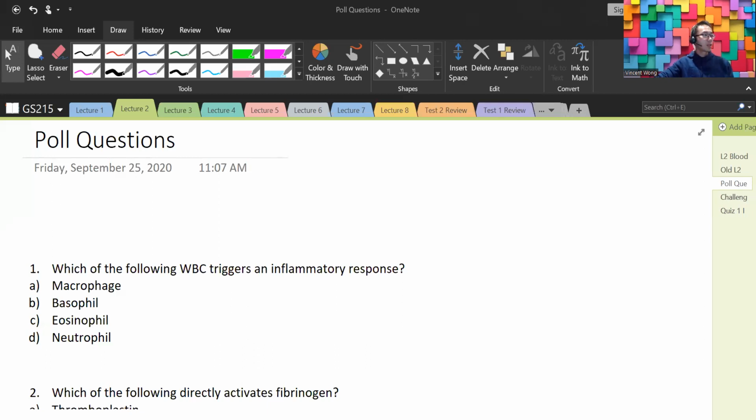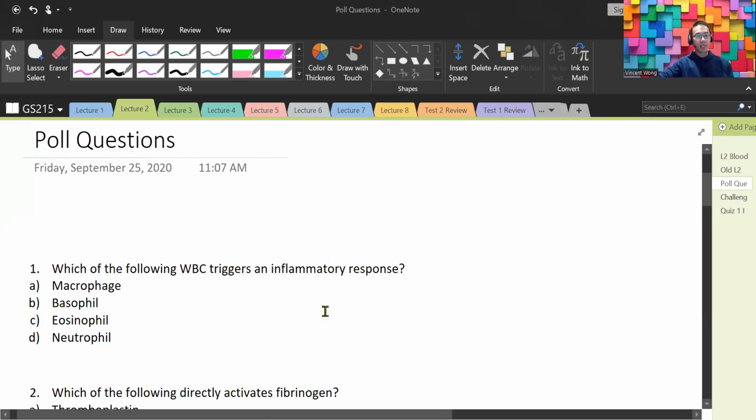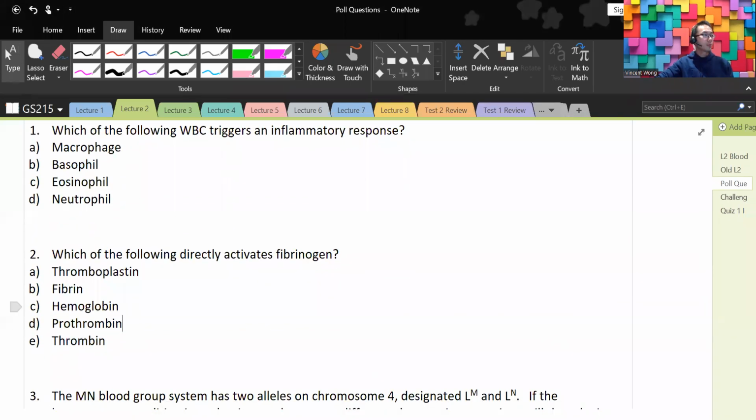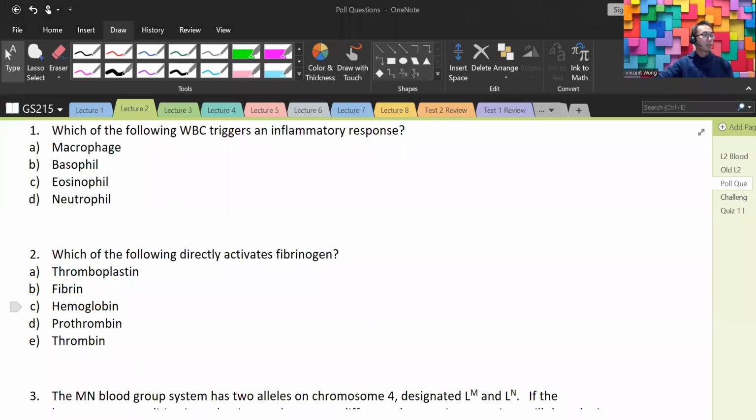All right, these are quick ones, so I'll keep it short. Yeah, most of you got it right. It is the basophil that's responsible for the inflammatory response. Okay, next one, number 2. Go ahead.